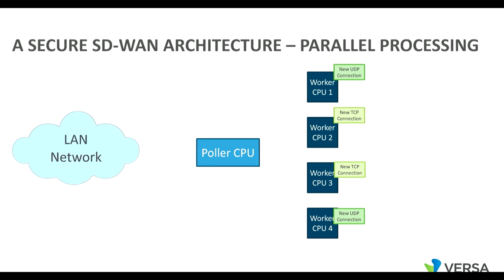And those worker CPUs are working in parallel, as if four Mikes are working together on getting the work done. So clearly, it's a huge performance gain by using all these multi-core CPUs and also multi-threading in the architecture.